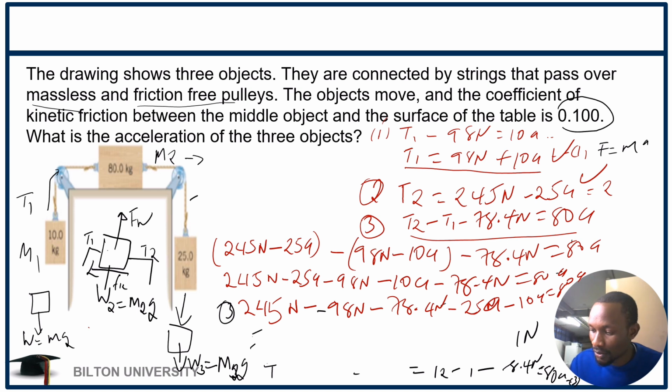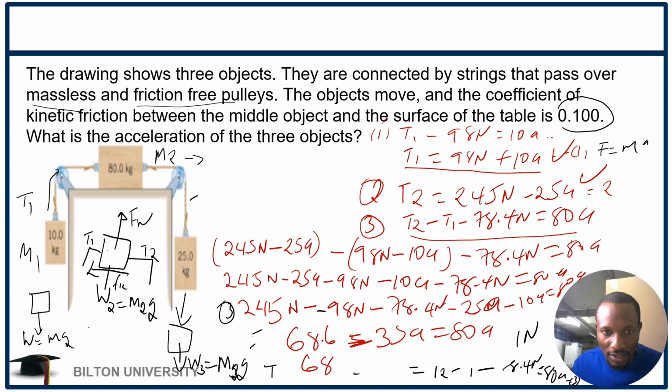This gives us 245 minus 98 minus 78.4, which is 68.6. So 68.6 minus 35A is equal to 80A.